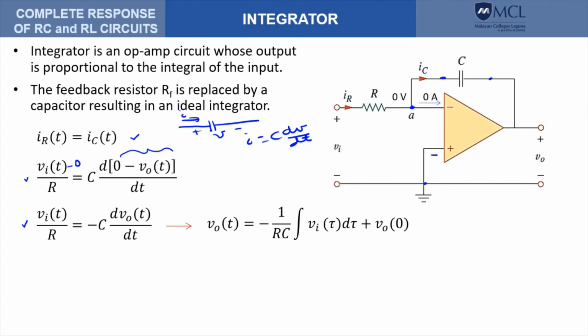From here, we can compute the output by using integration, but we need to introduce a constant. This is the initial voltage across the capacitor.